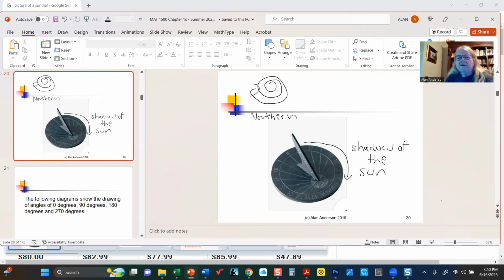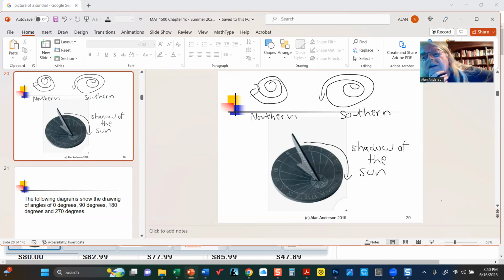In the south, it goes the other way around. So if sundials had been invented in the southern hemisphere, then the names clockwise and counterclockwise would refer to the opposite of what they do now. It's because this was invented in the north that we have the words clockwise and counterclockwise. I thought you'd find that interesting.